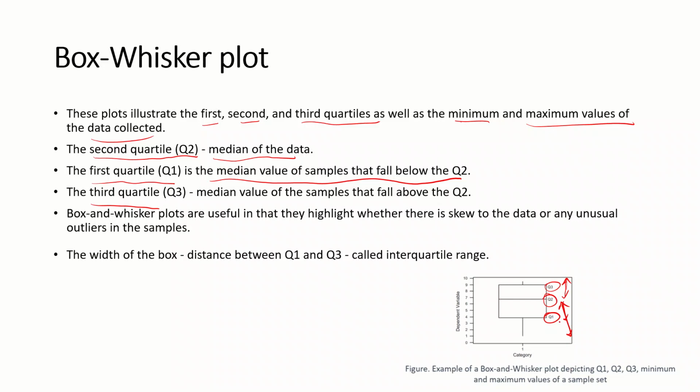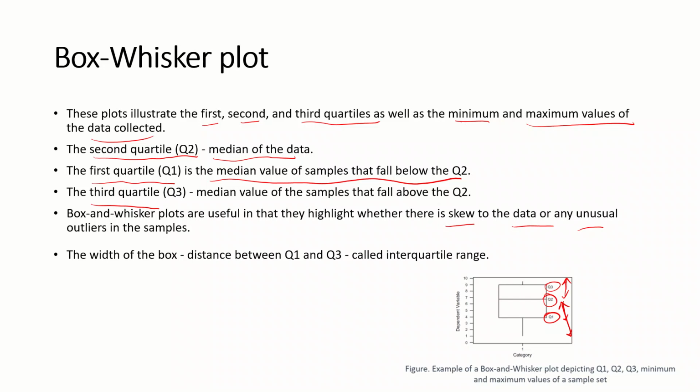The box and whisker plots are useful in that they highlight whether there is a skew to the data or any unusual outliers in the sample. Skew means how the data is spread across, whether it is biased to one side or not.